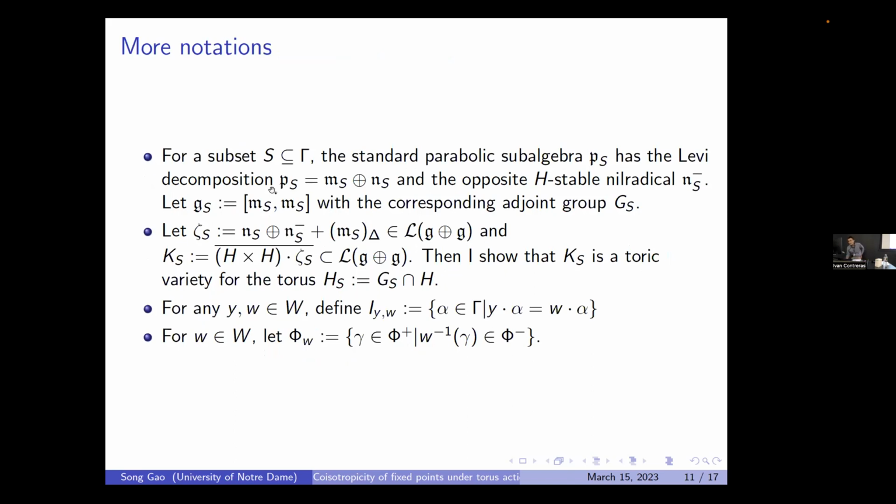Here are some more notations. Recall that Gamma means the set of simple roots. For a subset S inside the simple roots, let P_S be the corresponding standard parabolic subalgebra.